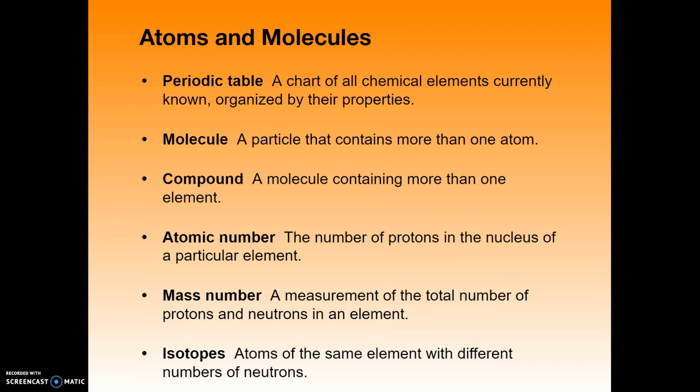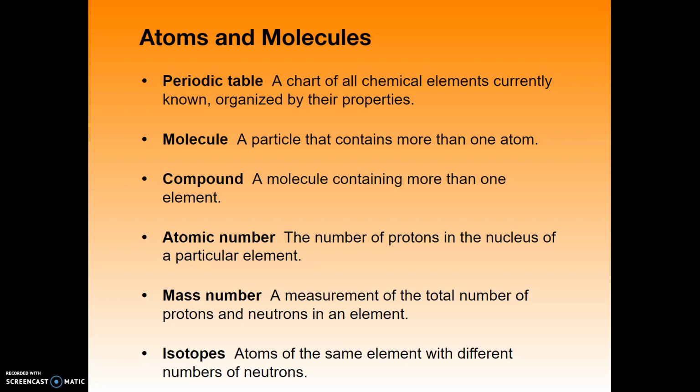These are some major terms that are very important in basic chemistry. Periodic table, you won't need it for the class, don't stress. A molecule is something that is bonded to more than one atom, and they typically are covalent bonds. Compounds are molecules containing more than one element, so that would be like salt, sodium and chlorine bonded together to make sodium chloride.